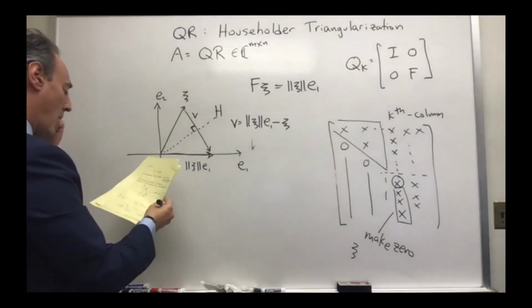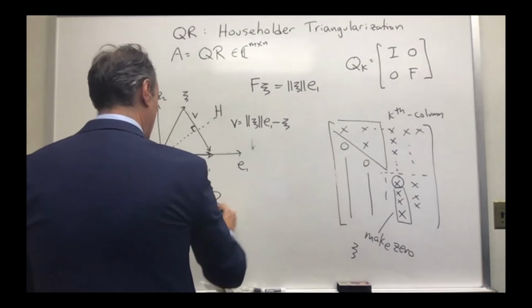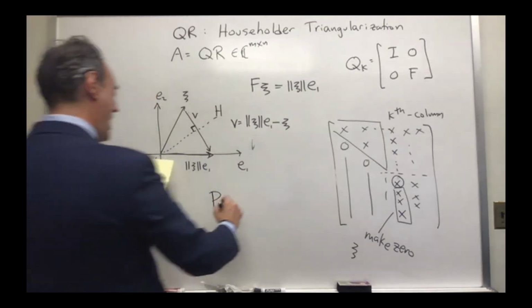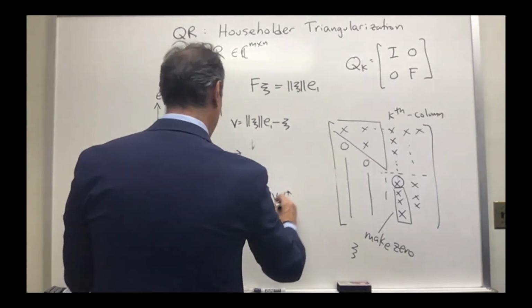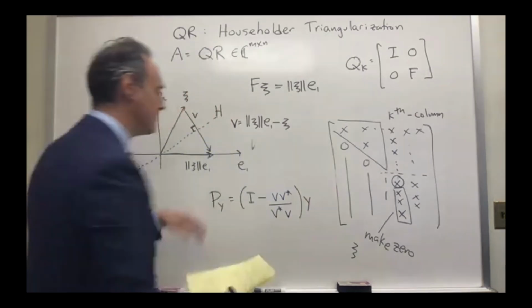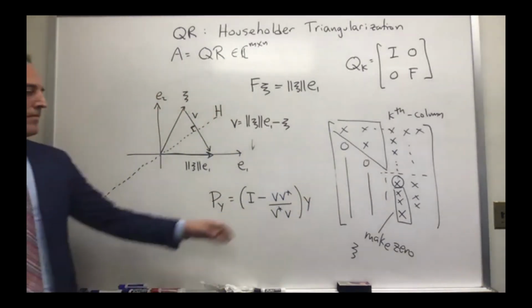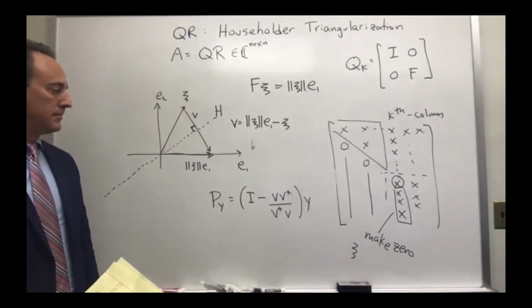So let's talk about what this projector might look like. We've already talked about projectors, P acting on Y. If you want it to be orthogonal, you just do something like this. This is the orthogonal projector to V, okay?